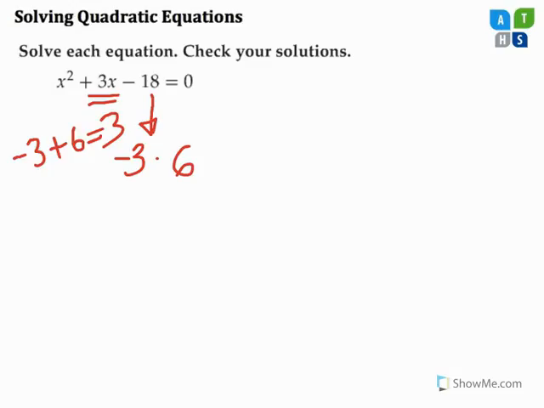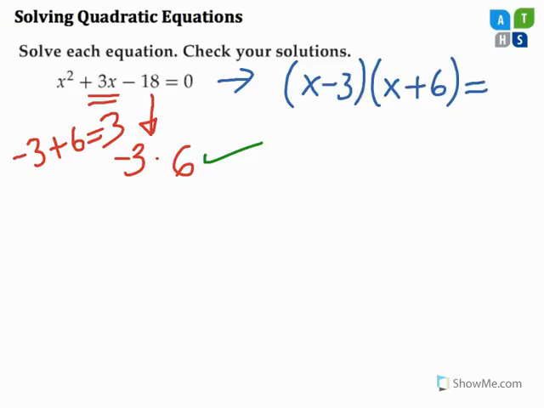So, these are my numbers, hence I can rewrite this equation as x minus 3 times x plus 6 equals 0. Now is the time to use the zero product property. Now, according to that, either x minus 3 is 0 or x plus 6 is 0.